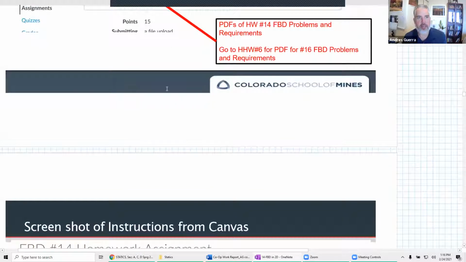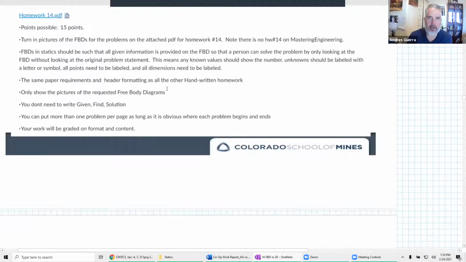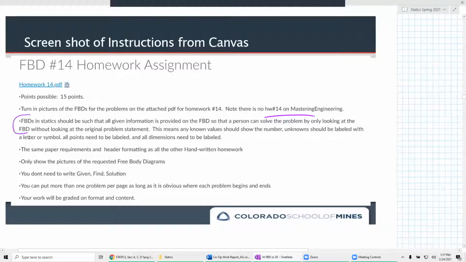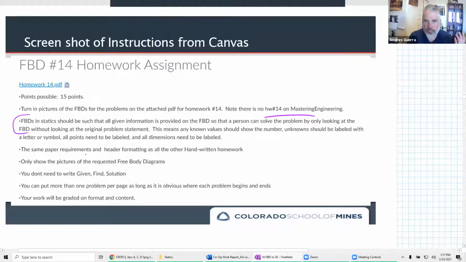Once you click on that, you're going to find these instructions. You're going to get the PDF, which has all the problems. There's 15 possible points. This handwritten homework is a little bit different. You're going to turn in the pictures for the problems on the attached. There's no handwritten homework 14 on mastering. The FBDs have to have all the known values on there.